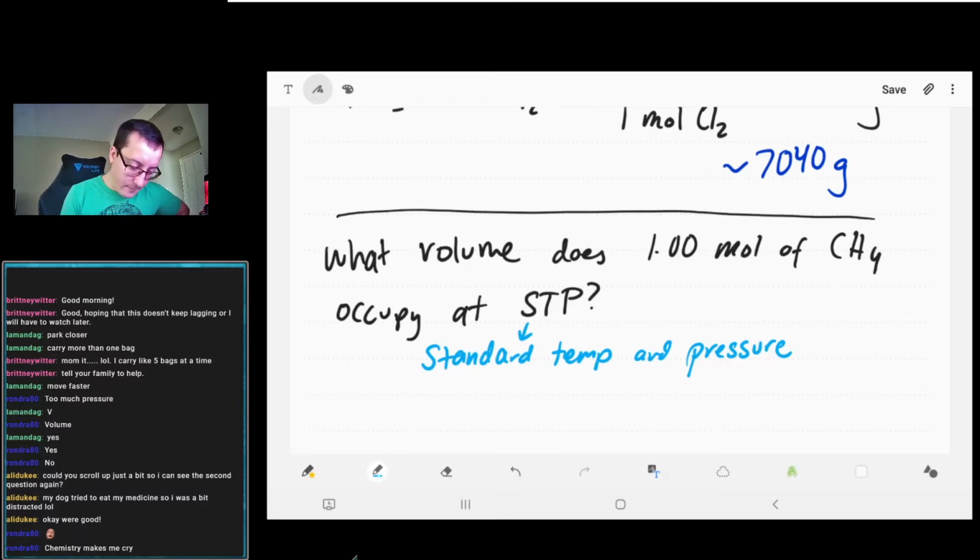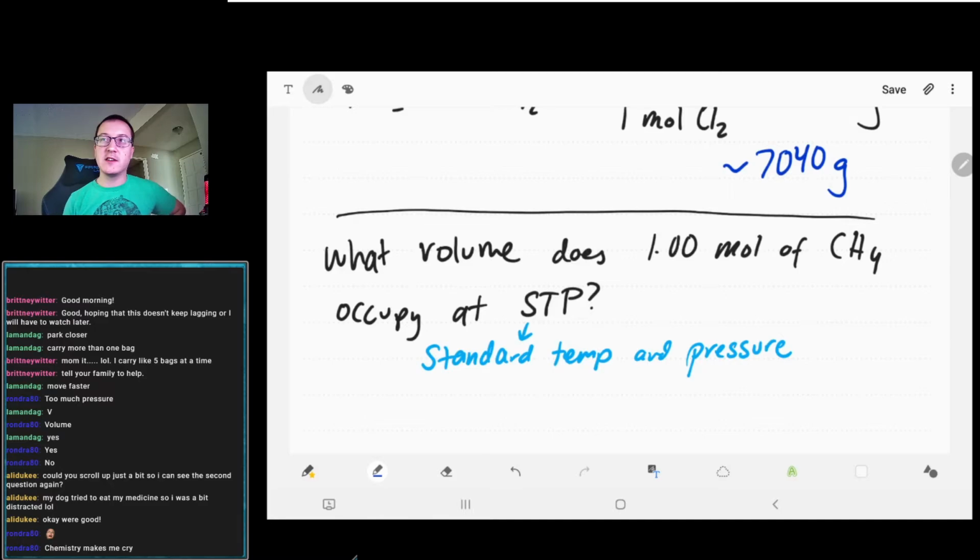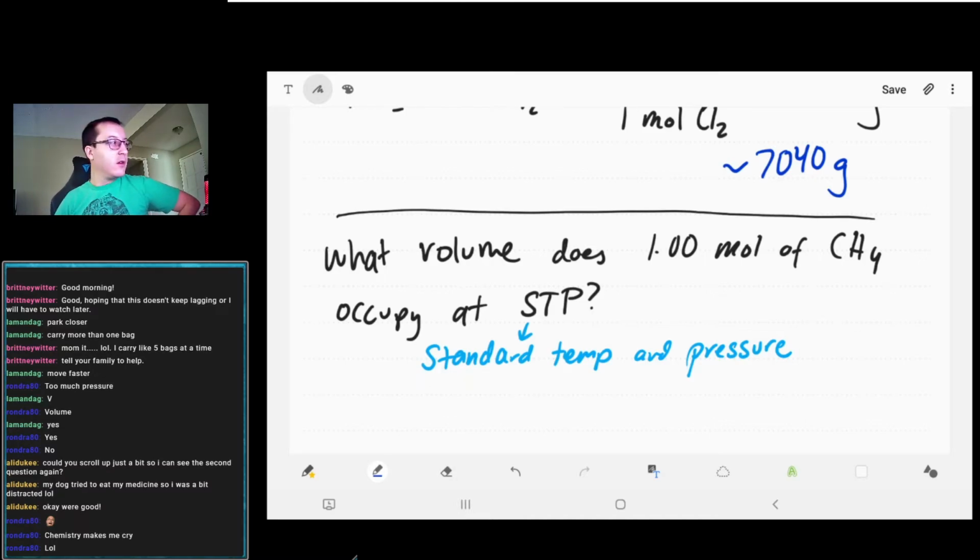So, standard temperature and pressure is a set of conditions that people used in the 1600s when they actually did these sorts of experiments. Nobody does them anymore because they're boring. But way back when, this was defined as exactly 0 Celsius and exactly 1 atmosphere.